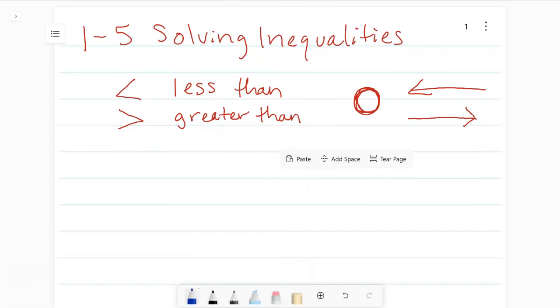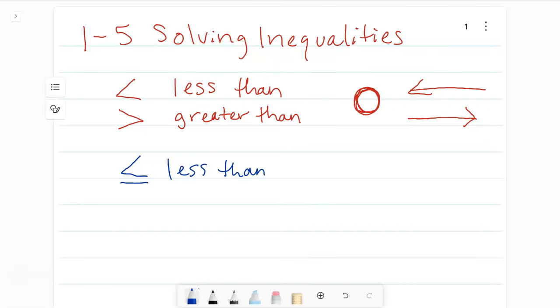If you have less than or equal to, it's going to be shaded. Okay, so the circle is going to include that number. It's going to equal that number. And the other symbol is greater than or equal to.